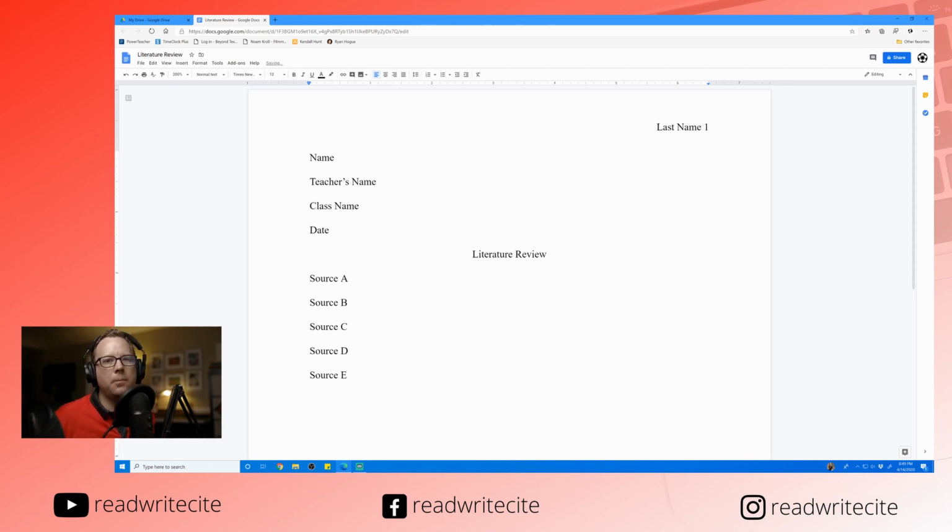Now if I'm writing a paper about it, I could use all of these incredibly fast. But what I want to do is not just summarize them individually, because that's not the purpose of a literature review. If I say write a paragraph on source A, and then source B, and then source C, and then source D, and source E, and I call that a paper, I'm missing the point.